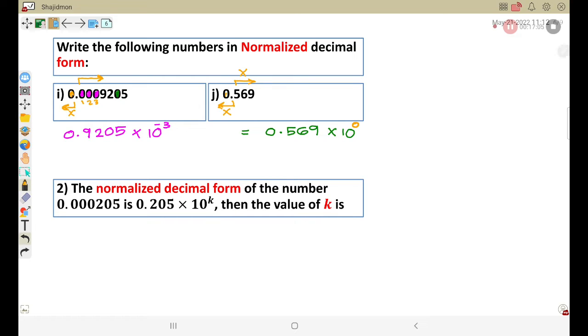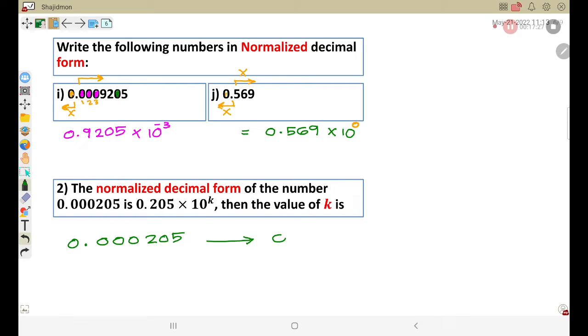Now question number 2, we are going to discuss the normalized decimal form of the number. Okay, one number is given here, 0.0000205. What is the normalized form of this number? The answer is also given.